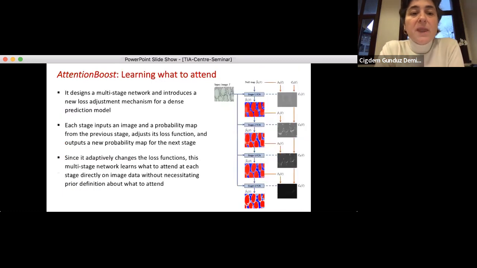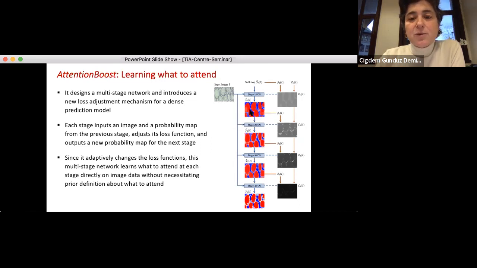So this model designs a multi-stage network and introduces a new loss adjustment mechanism for a dense prediction model. In this multi-stage network, each stage takes an input image and a probability map from the previous stage, adjusts its loss function, and outputs a new probability map for the next stage. For example, stage 2 takes this probability map as an input, and in this probability map, we have incorrect predictions for the boundary pixels as well as the bottom of this gland.